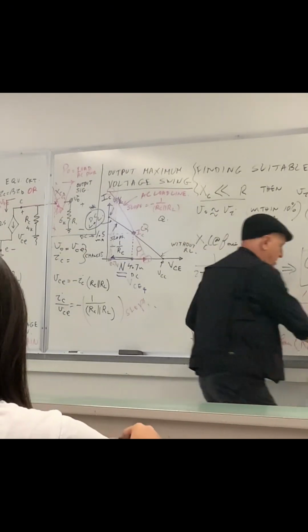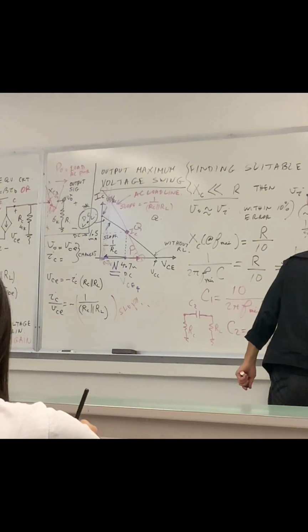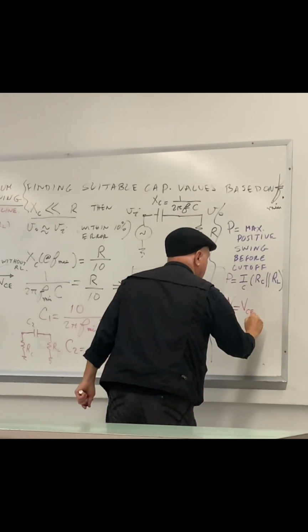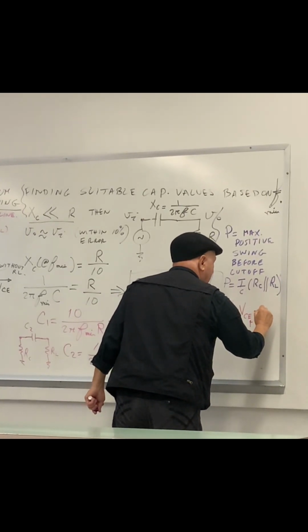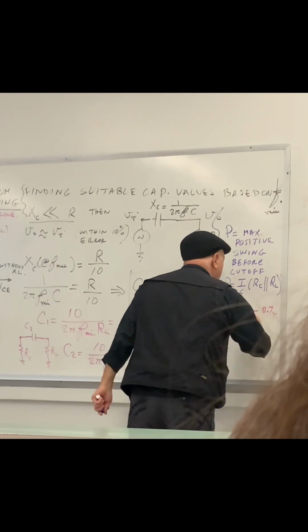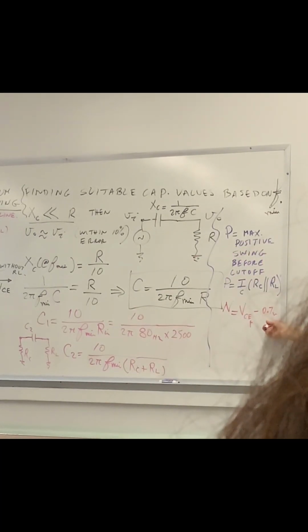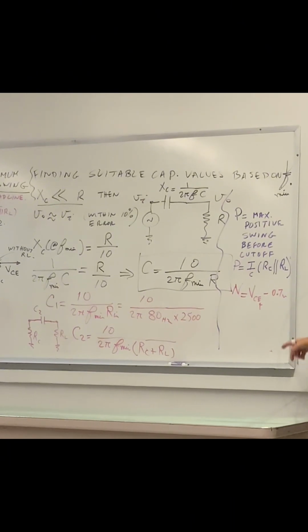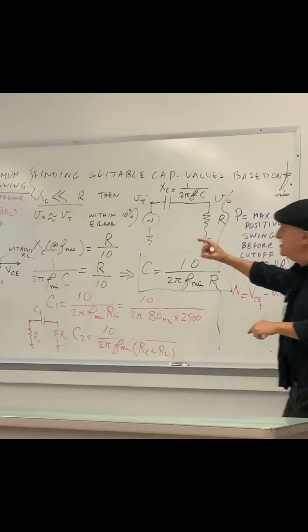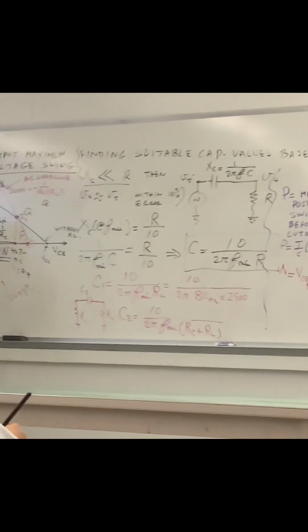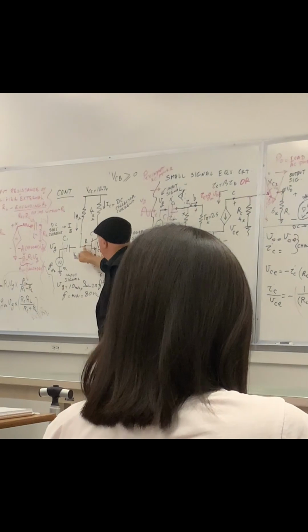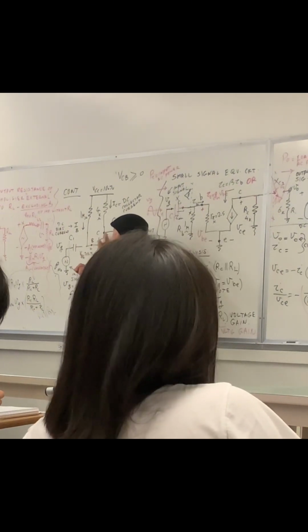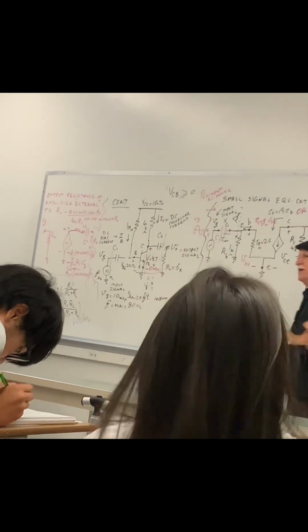So here you are. Your N is equal to VCE quiescent less by approximately 0.7 of a volt. It could be 0.8 of a volt, but we don't care about that. About 0.7. We are assuming that when it gets to 0.7, this voltage instantaneously goes to a 0.7. VBE, even if it is 0.8, already this transistor is on the verge of getting into saturation. See? So we stop at the 0.7.